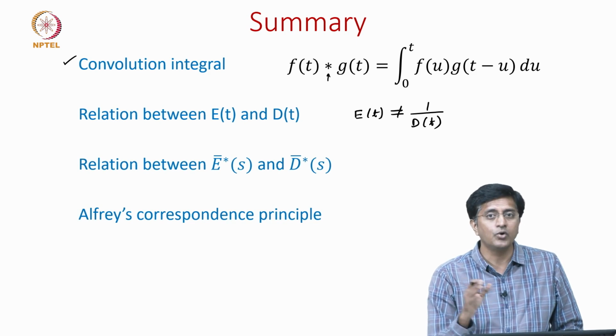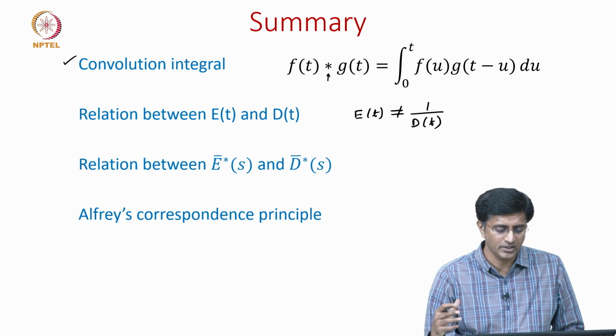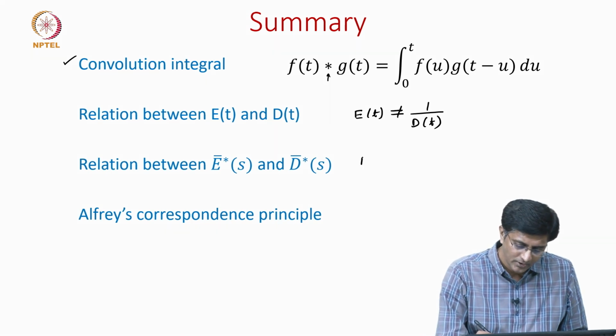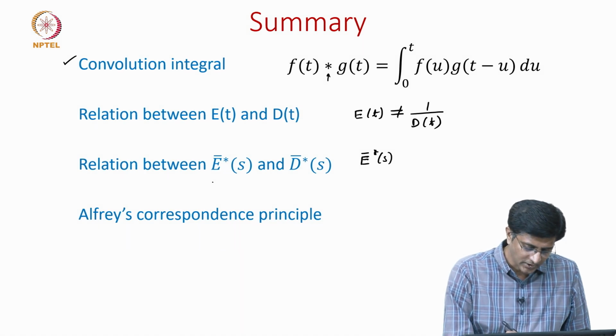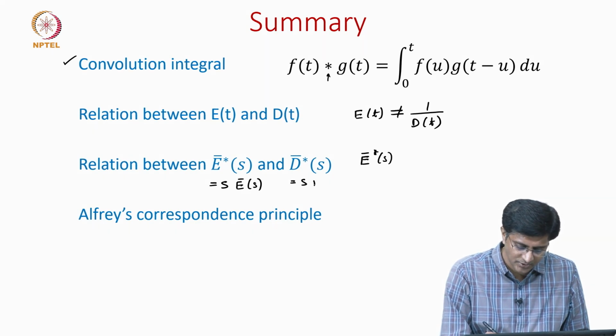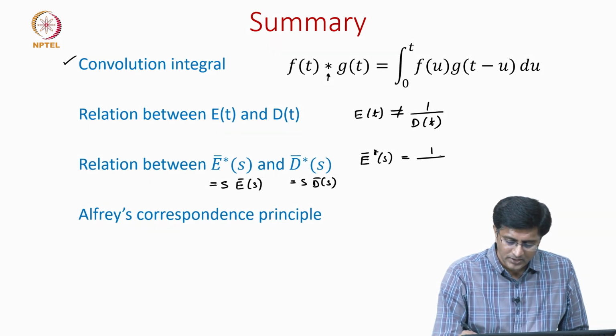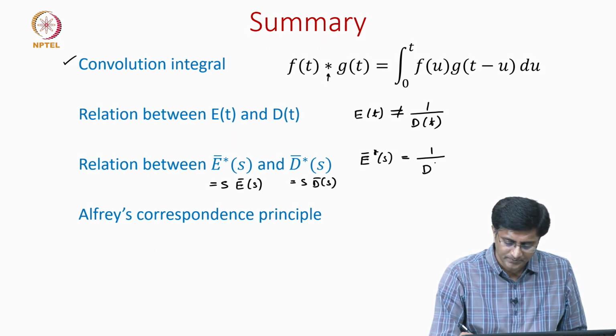Then we moved on to the transform domain and asked if there is any relation. There we found that E star, which is s times E of s, and D star, which is s times D of s, are related by E star equals 1 by D star.